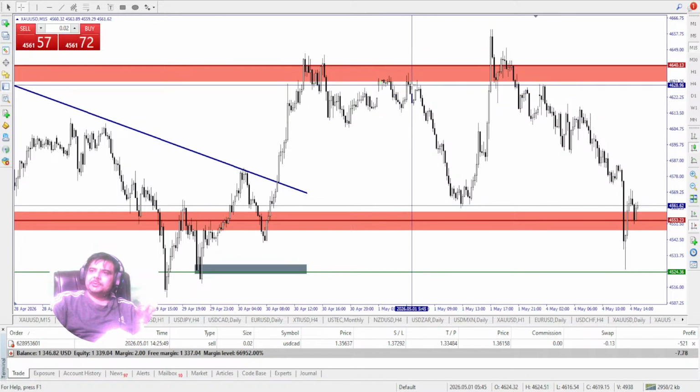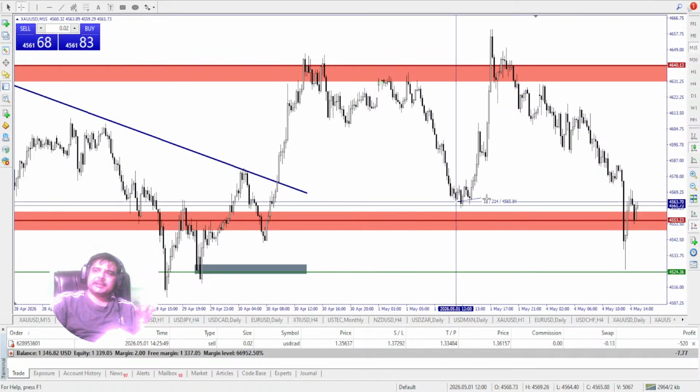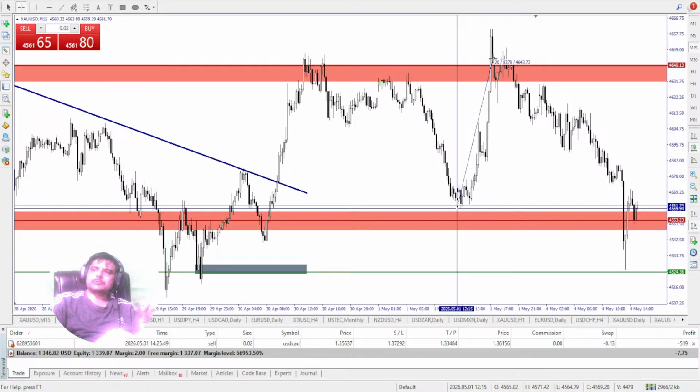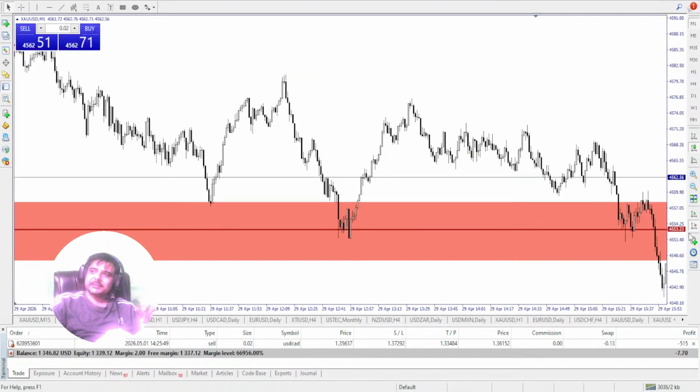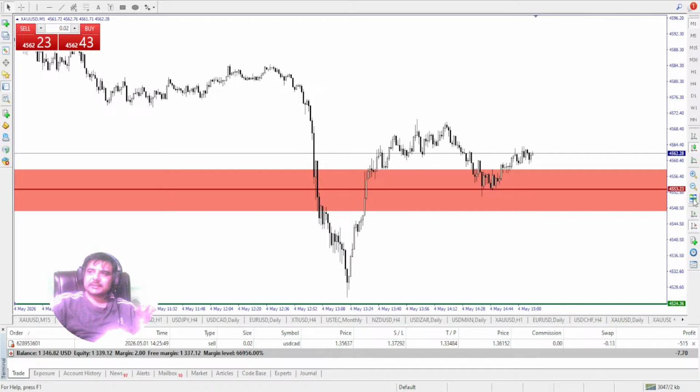On Friday we were waiting for this level, then it came down till here, and then this was that winning setup. So congratulations to all of you. I couldn't book this 850 pips. Okay, my eyes are somewhere else today, but let's wait a little bit for the confirmation, my friend, and see.